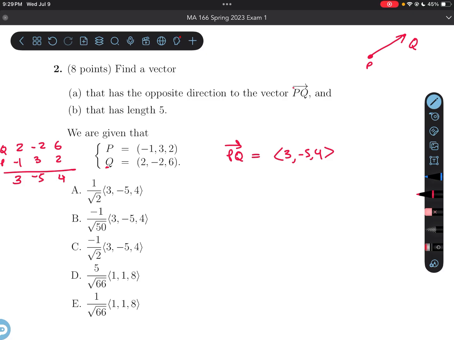Let's tackle the second condition first. In order to get the vector that has length 5 in the same or opposite direction as PQ, we first have to find the magnitude of PQ.